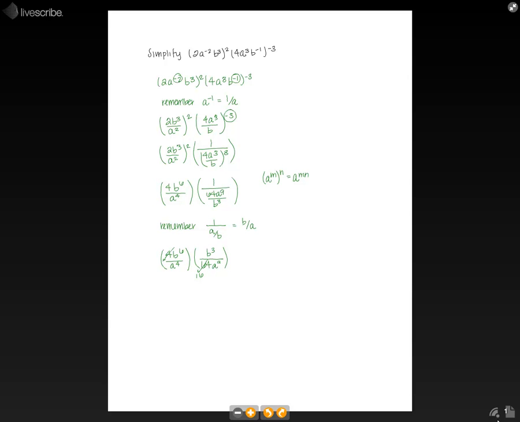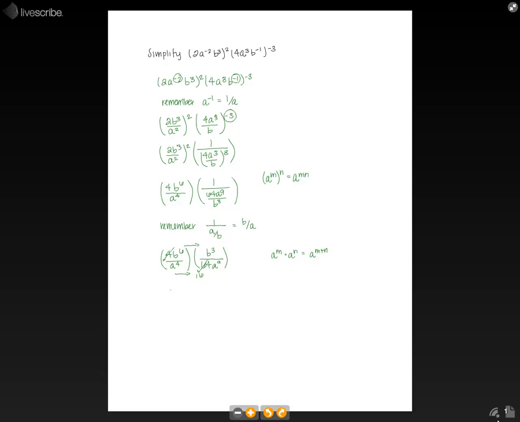Then we can use another property of exponents, which is a to the m times a to the n is equal to a to the m plus n, to simplify these numerators and denominators. We multiply straight across on the numerator and straight across in the denominator.